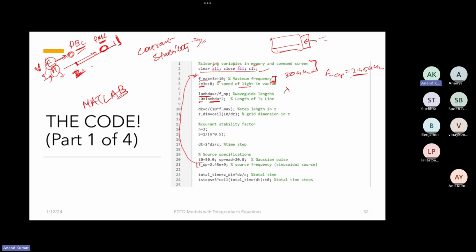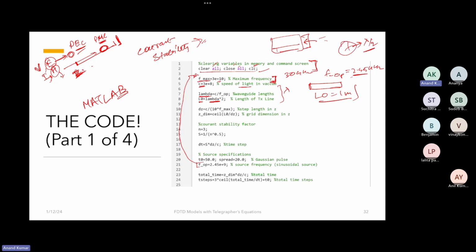This is a very indirect way of calculating the length. You could just directly put L naught equals 1 meter, but I have chosen a frequency and want the length of the transmission line to be lambda by 2 at this frequency.